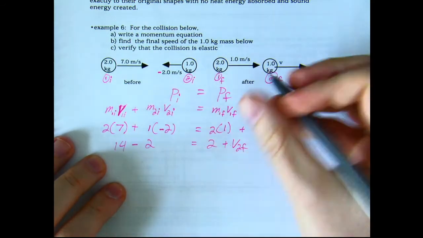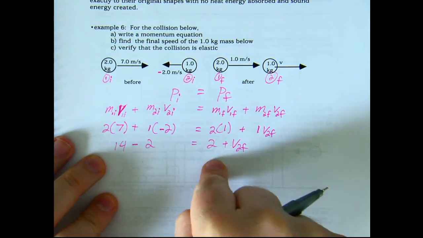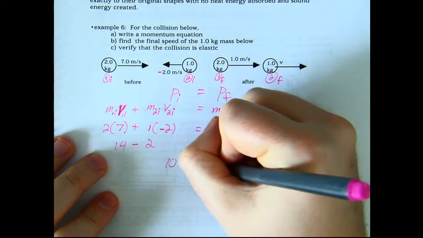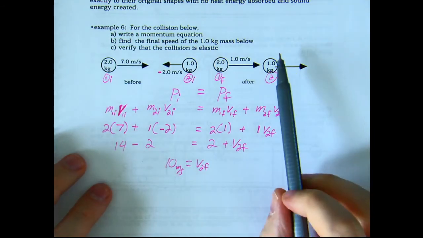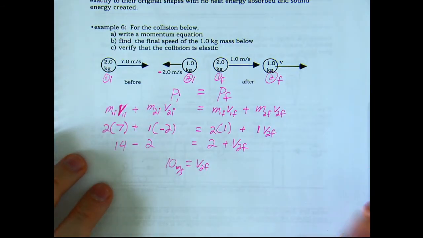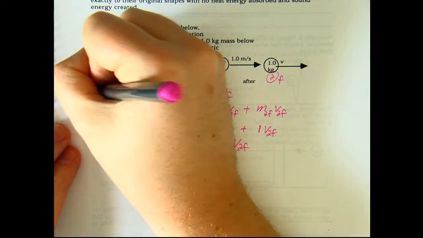So I can subtract that over. 14 minus 2 is going to be 10. So I'm going to get 10 equals V2 final. That's going to be meters per second. So this guy is actually moving at 10 meters per second off to the right. This is parts A and B.